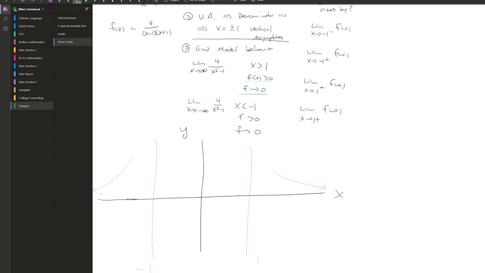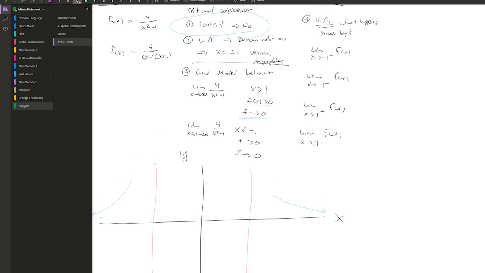And I know from 1 that there are no roots, which means this thing can't turn around and go down, I have to go up only, and I have to go up only. So now the only question is going to be, what happens in the middle? And so we can test that.